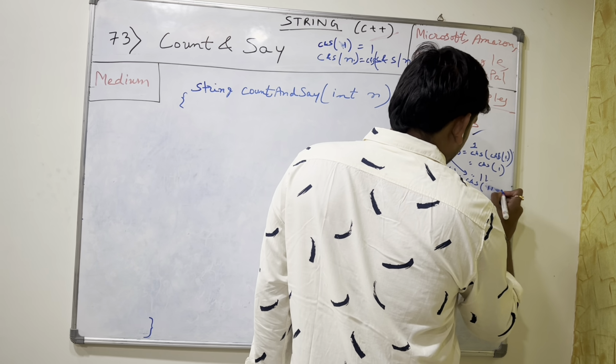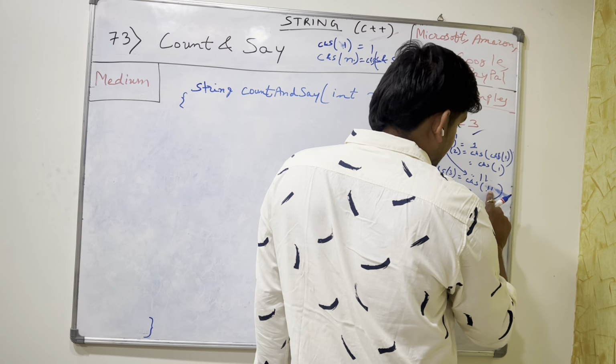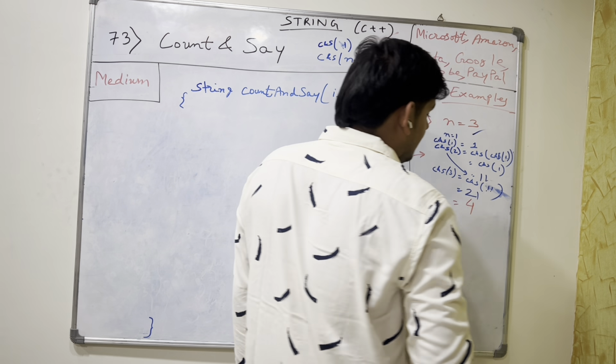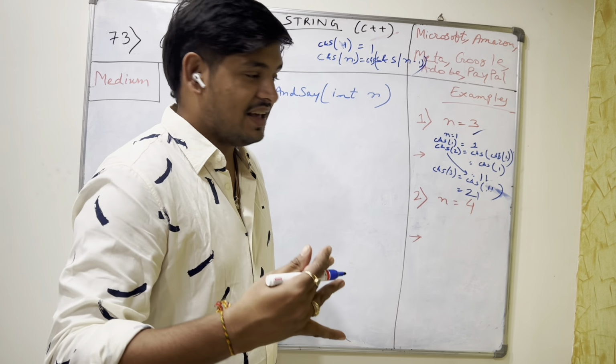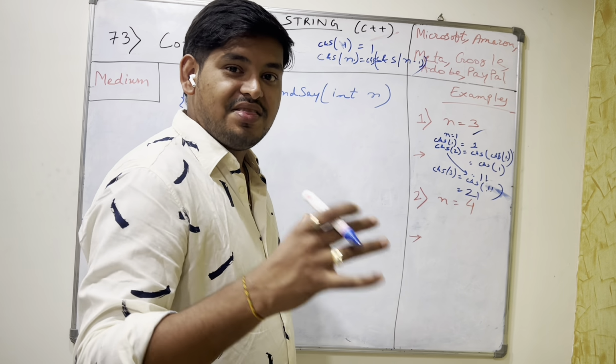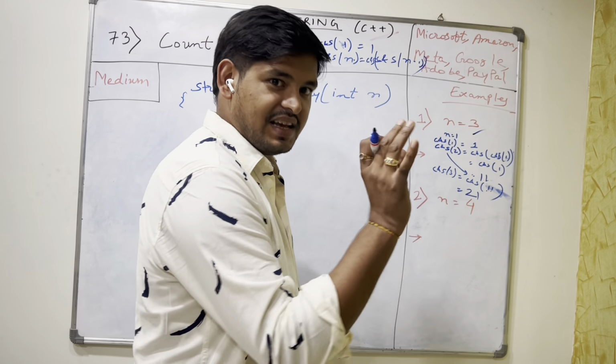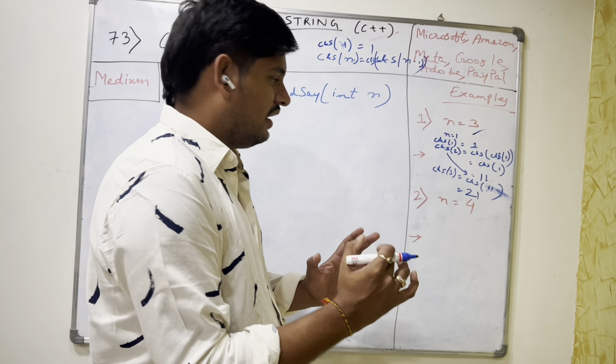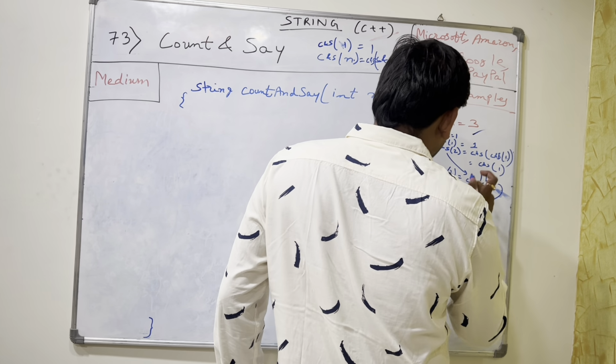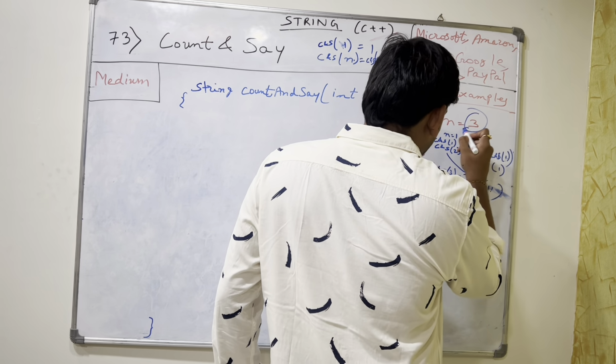How many ones are there? 2 ones are there, right? And what is the digit that we are checking? 1. So the answer would be 2, 1 for count and say 3. So first we count the number of occurrences of the digit, and then we say that digit and append it. So for count and say n is equal to 3, we'll return the string 21.